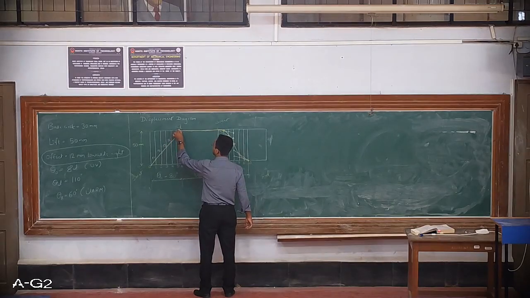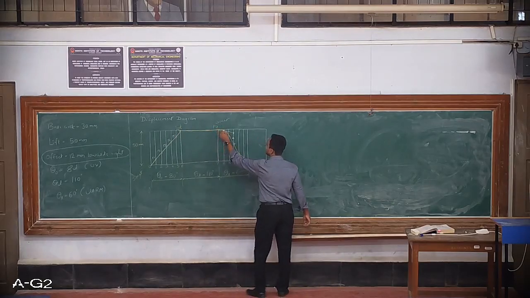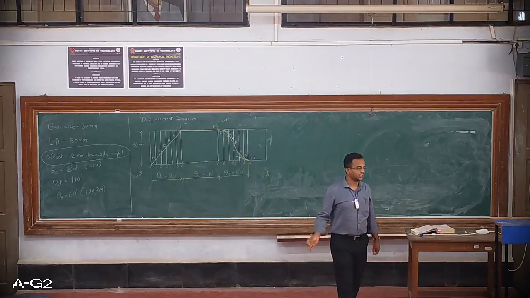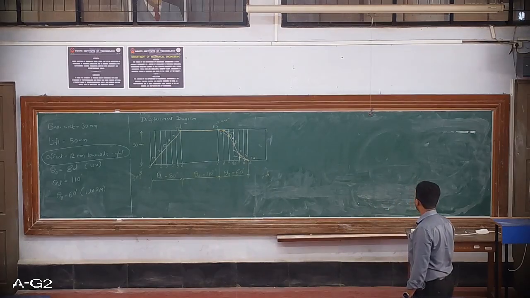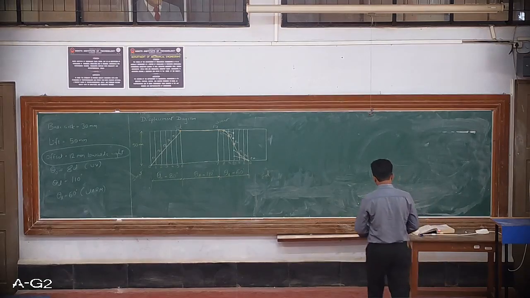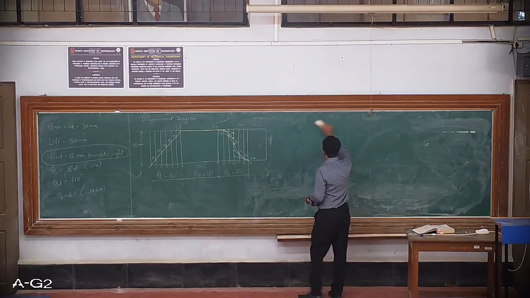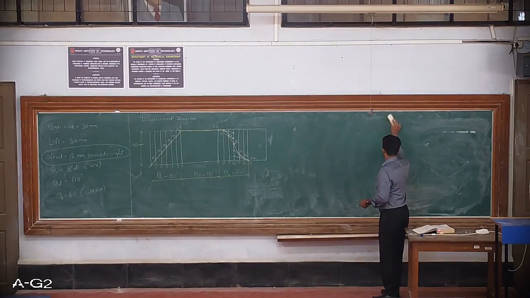This will be P6, this is P7, this is P8, P9, P10, P11, P12 and P13. I have named all the intersection points starting from P1 to P13. So this will complete your work of the displacement diagram.